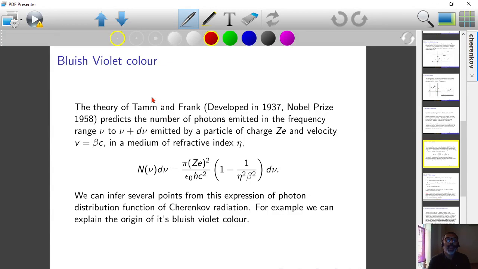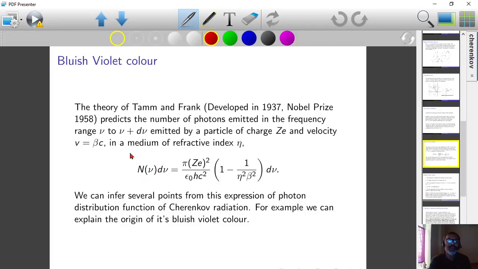Now we look at the theory of Tam and Frank. Theory of Tam and Frank, developed in 1937, got Nobel Prize in 1958, predicts the number of photons emitted in the frequency range nu to nu plus d nu, emitted by a charged particle of charge Ze and velocity v equal to beta multiplied by c in a medium of refractive index eta.